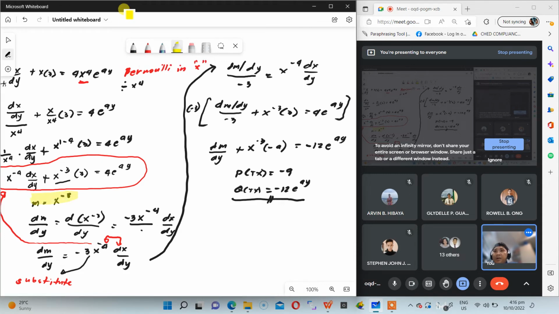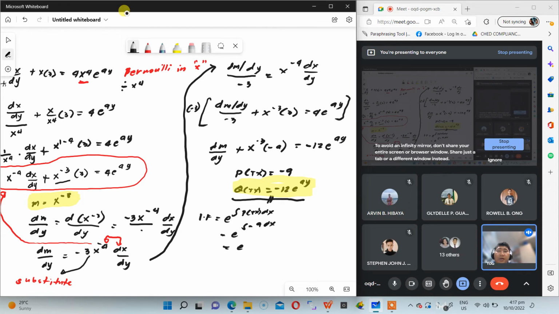These are the important things to remember because we will use them in the general solution. Okay. So then, the integrating factor is all we lack to be able to solve the general solution. So, e raised to the power of the integral of p dx. Therefore, your p of x is just negative 9 dx.